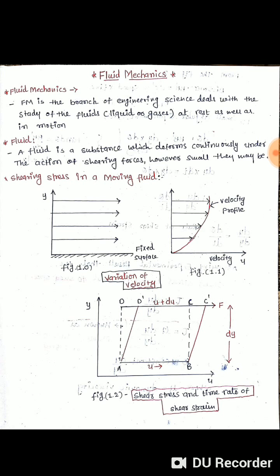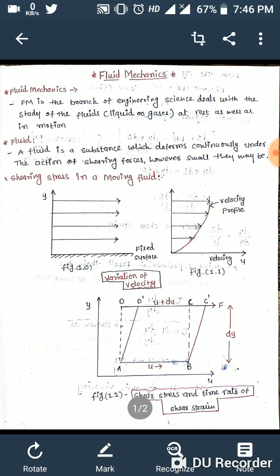Now assume that fluid mechanics is defined based on the fluid at rest as well as in motion. Assume that the fluid is passed over a solid surface. If the fluid is in a rest situation, there is no relative motion between two layers, so the velocity of the fluid particle is zero and the shear stress is also zero.